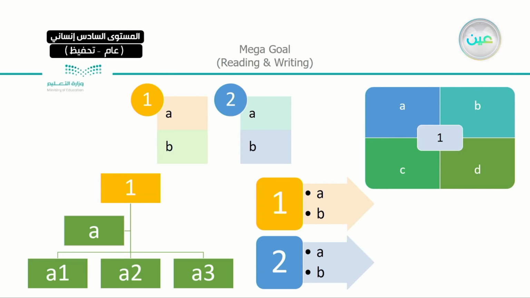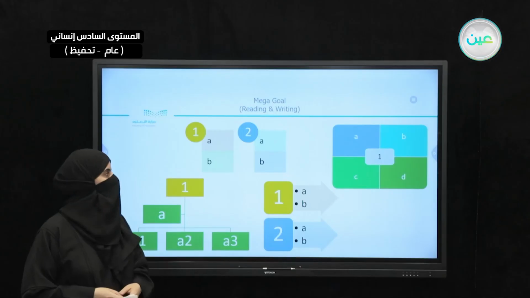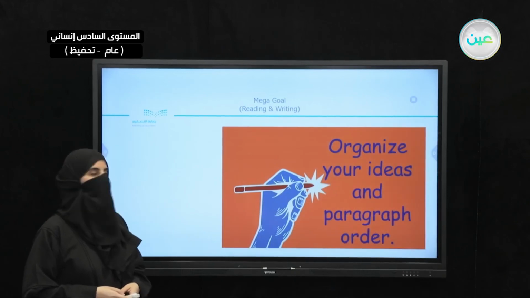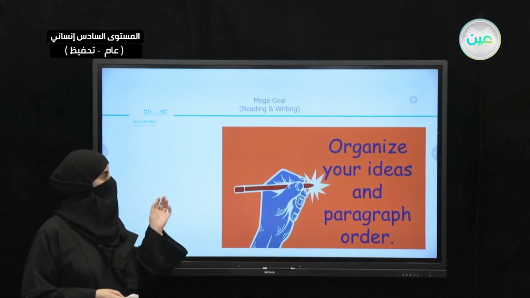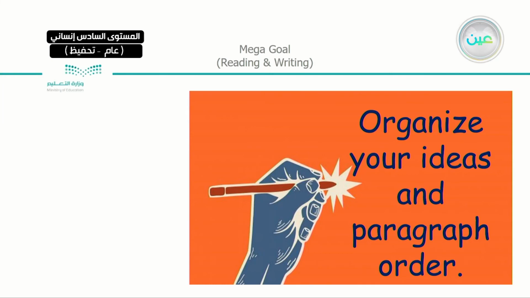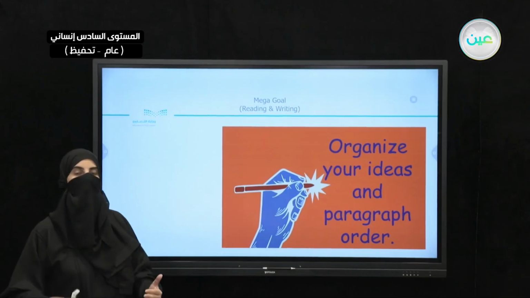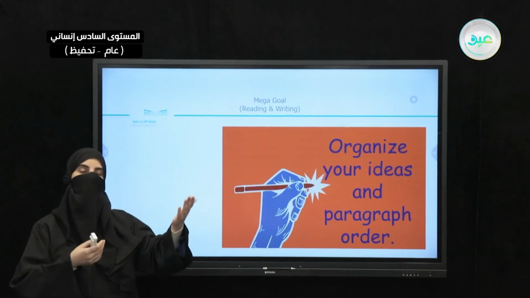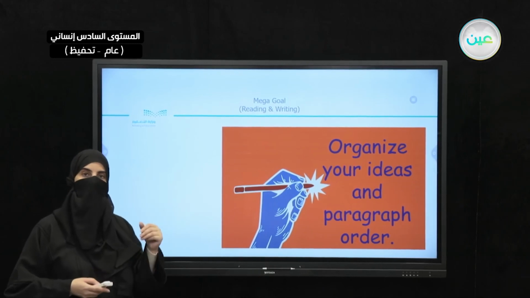So you take the words that you wrote and divide them into graphs. When you have organized your ideas, organize the paragraph order. Which one comes first? Do you want this paragraph to be first? Then what can you have as a conclusion? What can you have at the start as the introduction?